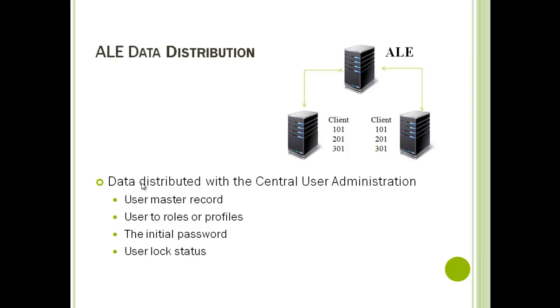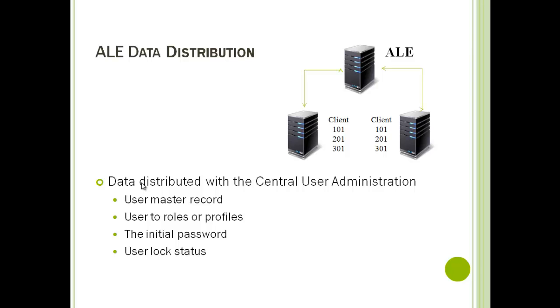Using ALE or CUA, these are all the data we can distribute using central user administration. First one is user master data, such as address, logon data, user defaults, and user parameters. Second one is the assignment of the user roles or profiles in each child system, which we can manage using the CUA.